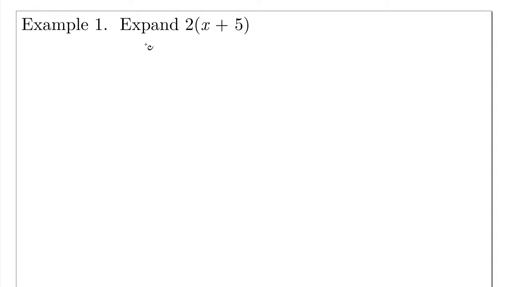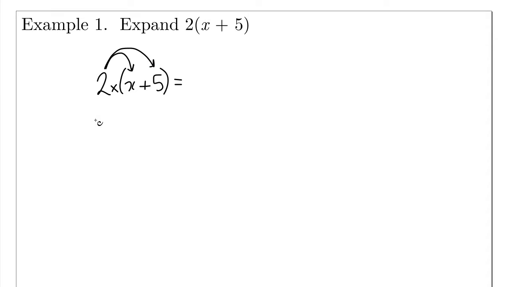Alright, starting with example 1, we have to expand 2 multiplied by a bracket, inside which we have x plus 5. So we have 2 times x plus 5. And in these types of questions, I like to think that we have to do 2 loads of this bracket. So we have 2 loads of x's and 2 loads of 5's.